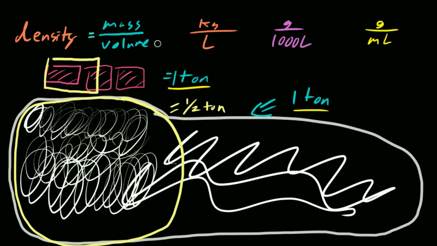And the volume as well. If we have half as many bricks, we're only looking at half of this sample, so it's half as much. So we've got half a ton of bricks, we're occupying half the volume, and there's half as much mass here because we're looking at half as much stuff. So therefore, the mass and the volume are both going to be extensive properties. They are directly dependent on the amount of stuff that we're looking at.